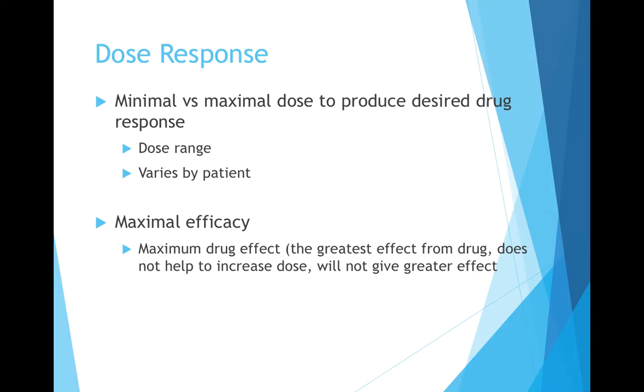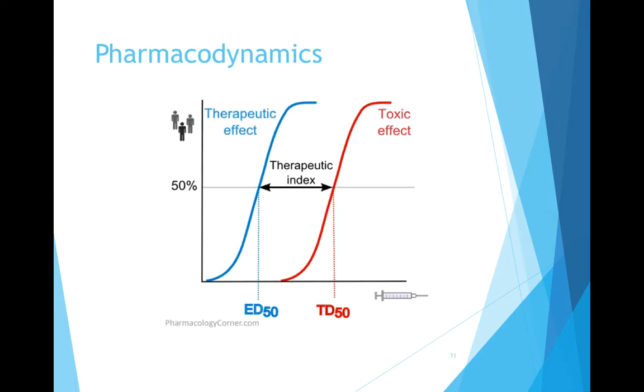The maximal efficacy is the maximum drug effect or the greatest effect from the drug. It doesn't help to increase the dose. Increasing the dose beyond this maximal efficacy is basically a waste. It will not give you a greater effect. And this diagram is found on page 20 in your book, and it shows you that therapeutic effect along with the index where your sweet spot of your dosing is, and then when you're getting close to that toxic effect.